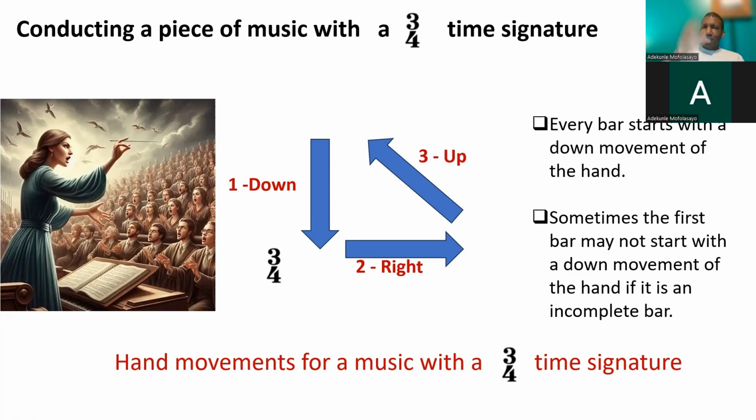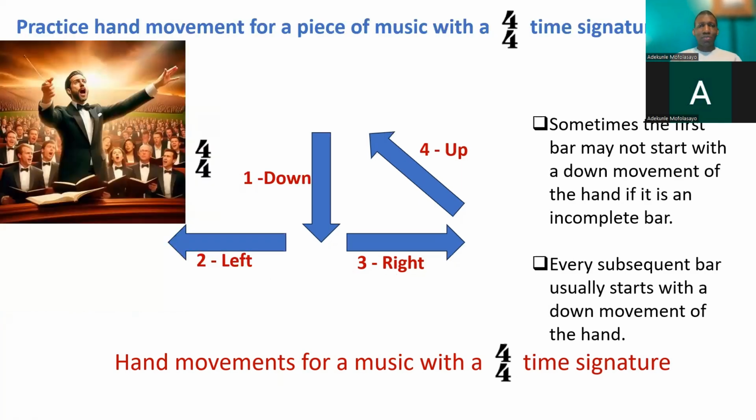Let's do that. Down, right, up, down, right, up. Now let's count it as 1, 2, 3. 1, 2, 3. 1, 2, 3. 1, 2, 3. Very good. So we have learned how to conduct music with a 3/4 time signature and music with a 4/4 time signature.